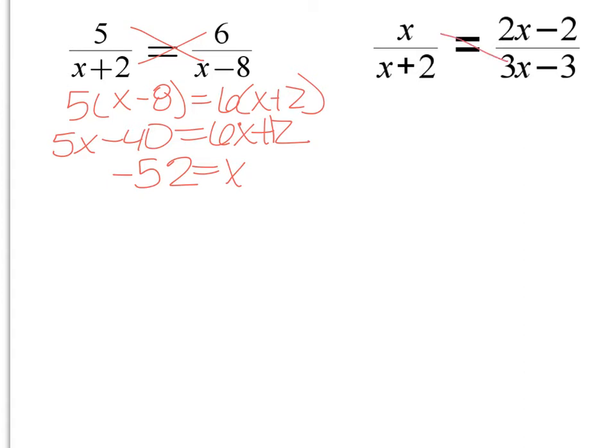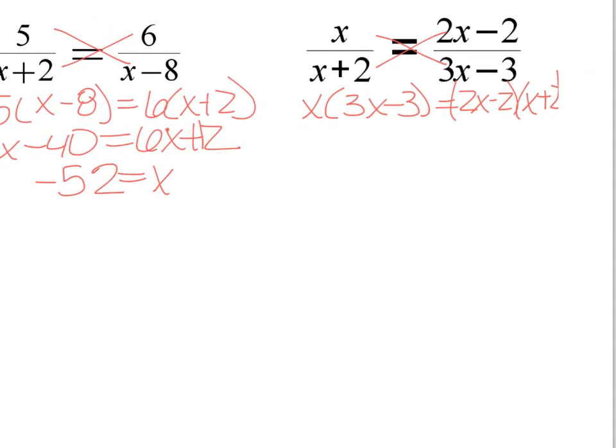If I did the same on the second one, a little more intricate here. X times 3x minus 3 equals 2x minus 2 times x plus 2. Okay.